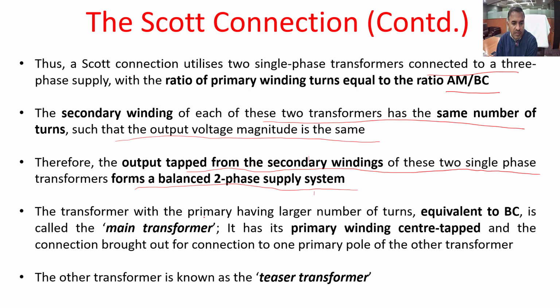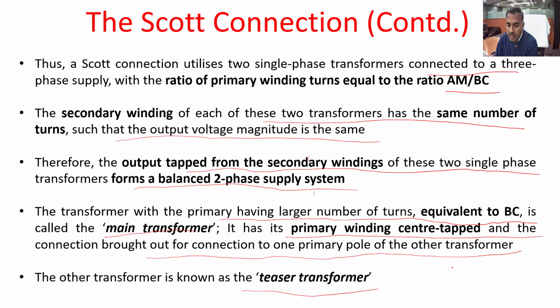The transformer with the primary having a larger number of turns equivalent to BC is called the main transformer, and it has the primary winding center tapped, 50% tapped, and the connection brought out for connection to one primary pole of the other transformer, called the teaser transformer. The teaser transformer also should have the 86.6 percent tap.